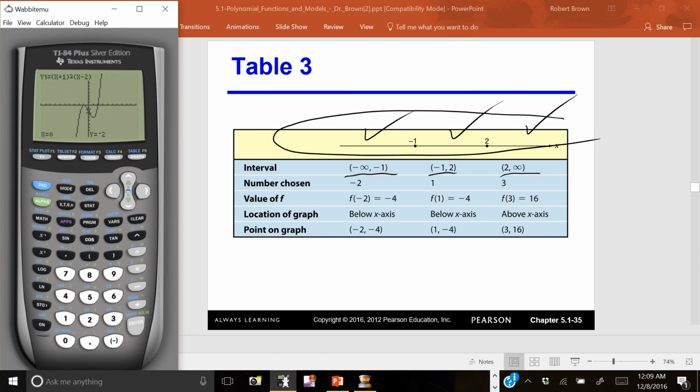If we wanted to calculate the value of the function at minus 2, you can go second, calc, value, plug in minus 2, and notice you get minus 4.